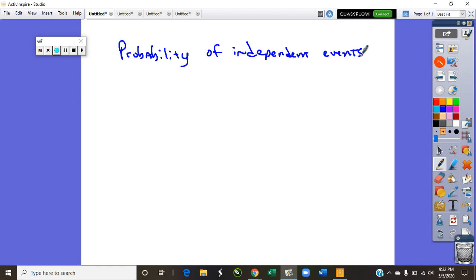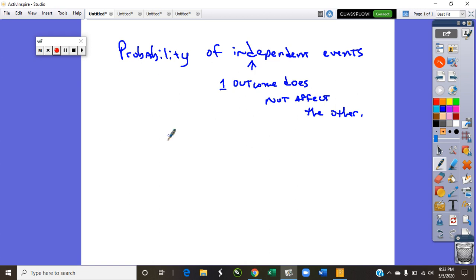And what we mean by independent events is that one outcome does not affect the other.